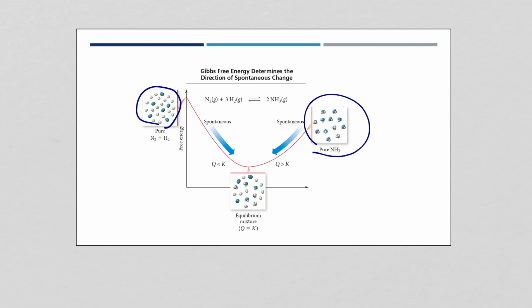So the Gibbs free energy will determine that direction of spontaneous change. So going from here to here or here to here, those are both directions of spontaneous change. They lower the Gibbs free energy. So a system is going to move toward lower free energy.